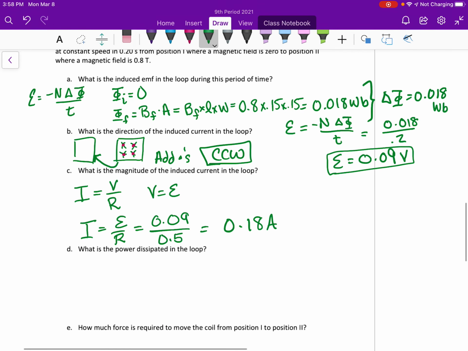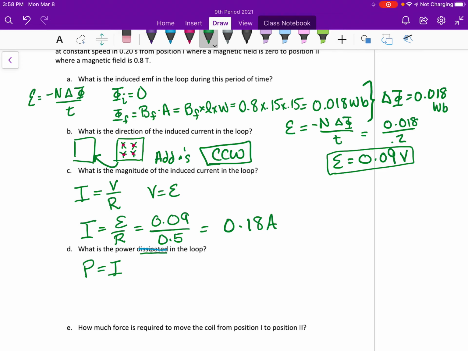All right, part D: power dissipated in the loop. That word dissipated, students don't always like that. You don't even have to read that word. Dissipated just means given off by the loop or used up by the loop. So don't even worry about that. What is the power used by the loop?